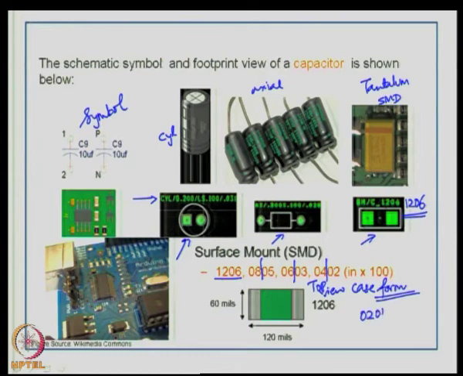Today, we also have the 0201 package. So, you can see the dimensions are diminishing, the package sizes are reducing in the case of surface mount devices like resistors and capacitors, and therefore, the ability to handle these is available with only a few assembly people who have automated equipment to handle this.